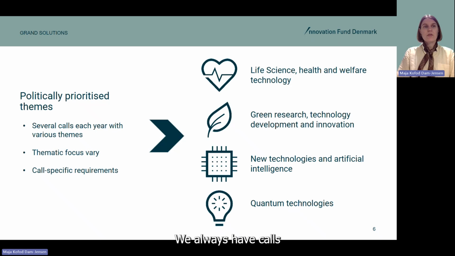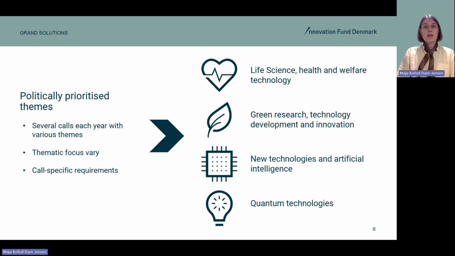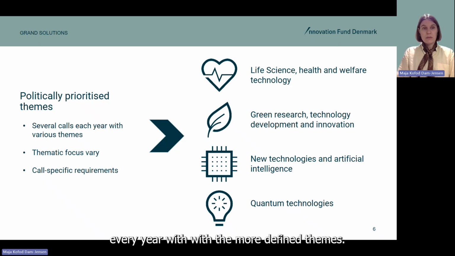We always have calls within life science, health, and welfare technology, within green research, technology development, and innovation, within new technologies and artificial intelligence, and within quantum technologies. But there can also be other calls every year with more defined themes.